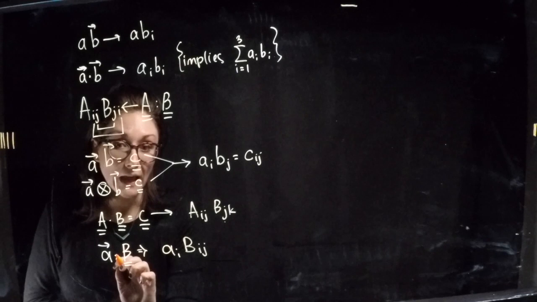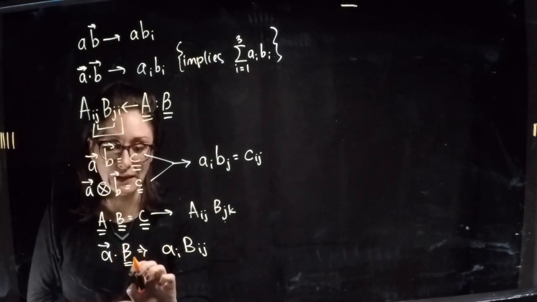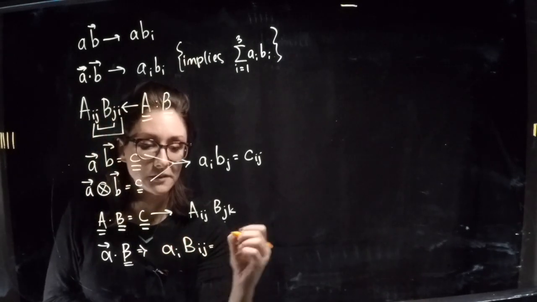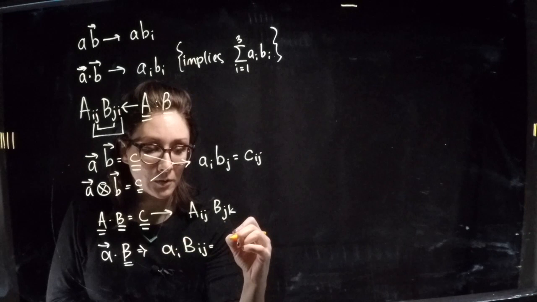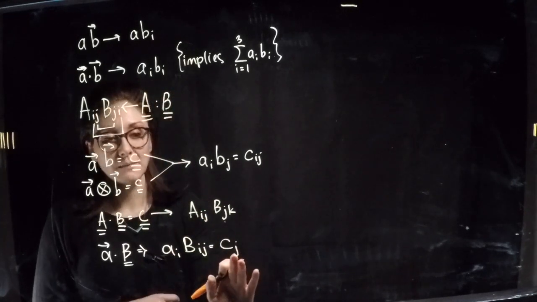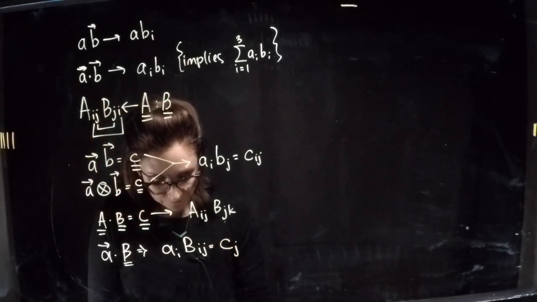So you'll notice we have a dot here, which means that I'm going to repeat this index that's on A as the first index in B, so i and i. And so our resultant quantity that we have here, let's call it C, is just C sub j. So that means we have a vector.